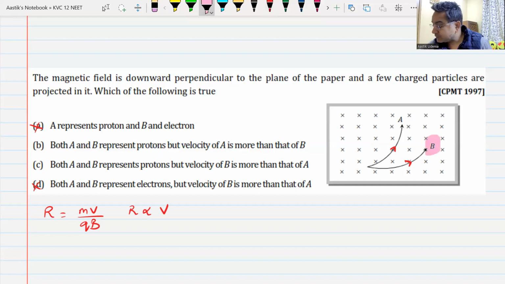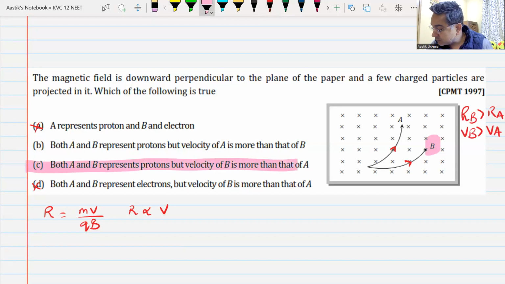Radius of B. As you can see, radius of B is more than radius of A. So the speed of B will be more than the speed of A, and therefore the correct option happens to be option C. Option C, my dear friends, is the correct answer. Anyone understood this? Yes or no?